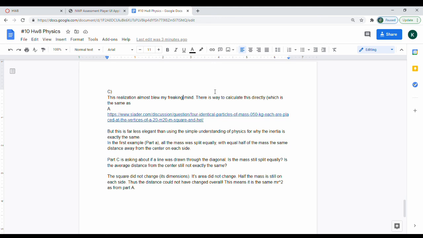But overall, it's still the same, because half of the mass is still on each side, and the dimensions still stayed the same. The area is still the same. And the only thing that matters is the distance squared, r squared, which is just area, and mass. Those two things do not change. So that's why C is exactly the same as A, and I wish I realized that sooner.